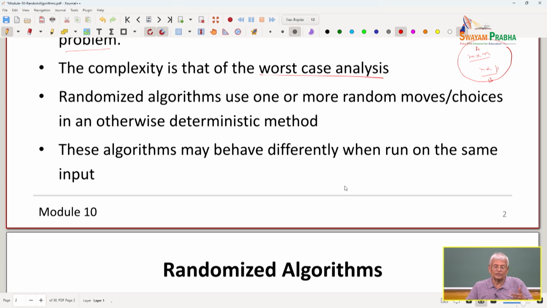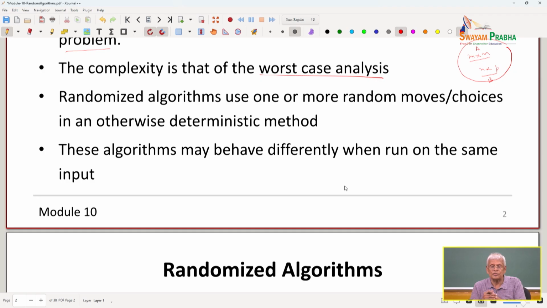So that's the difference here. If you run the algorithm on the same input several times, a deterministic algorithm will give the same result. A randomized algorithm, because you are consulting a random number generator such as the toss of a coin or throw of a die, no two throws of a die will give the same result, the same head or tail.